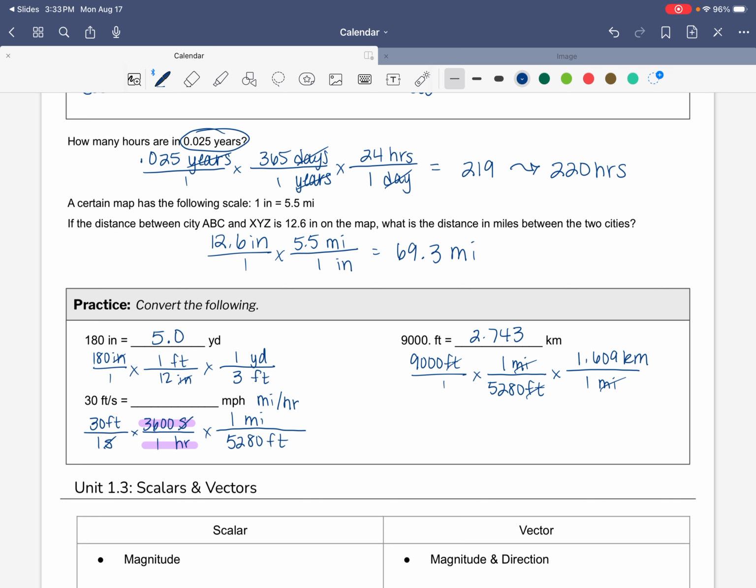Now I'm going to multiply across because my feet have canceled. I now have miles over hours, which is what I want. So I'm going to take the 30 times the 3,600 and then divide by the 5,280. My original answer was 1 sig fig, so I'm going to round my answer to 1 sig fig to get 20.